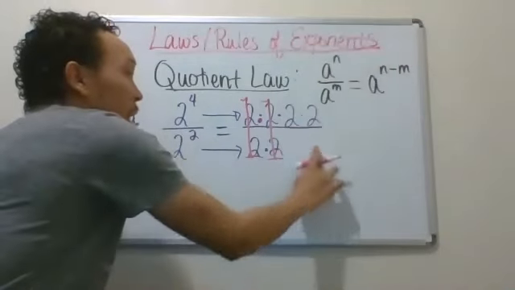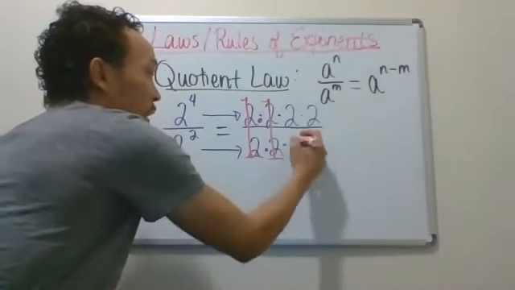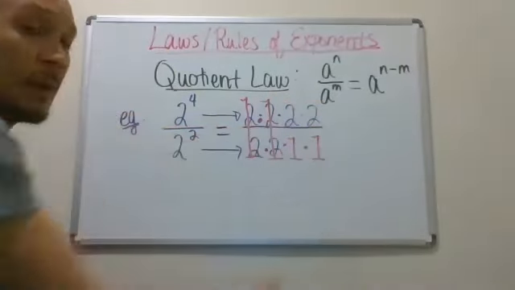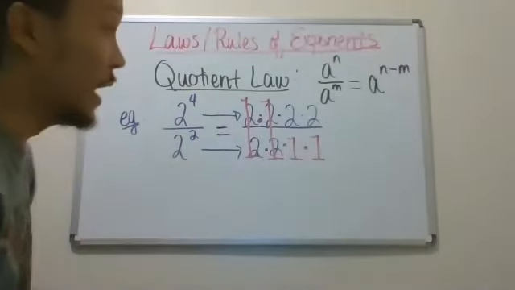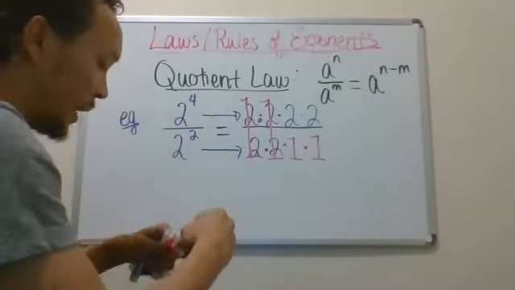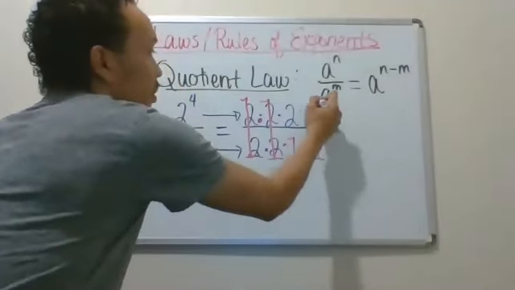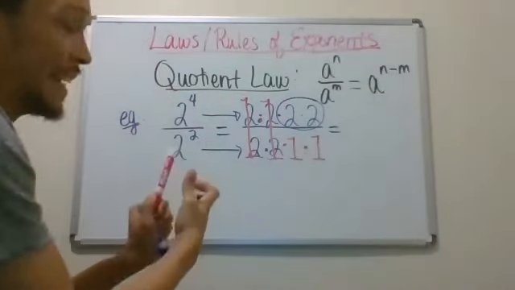Or you can simply say, okay, well, I can rewrite this to make sure that there are the same number of numbers in my numerator and the same number of numbers in my denominator. So now what this is going to give me is 2 times 2 when we condense it.